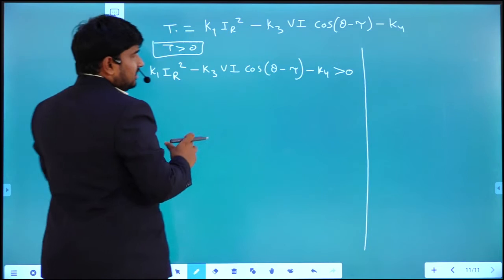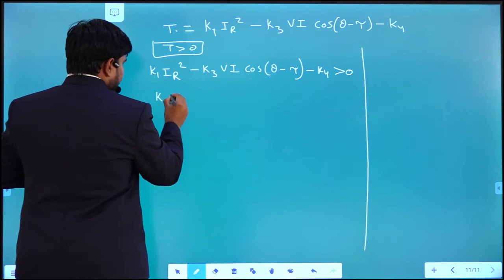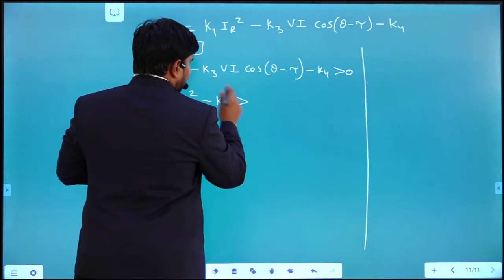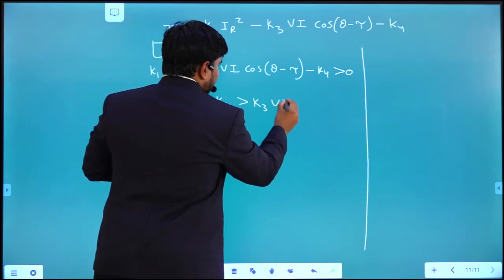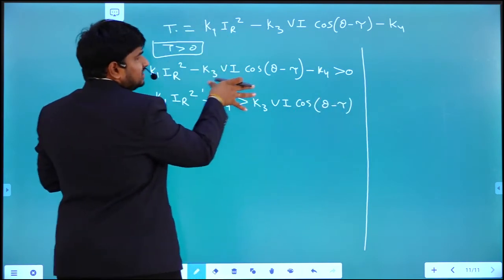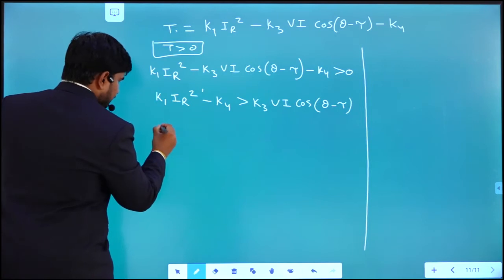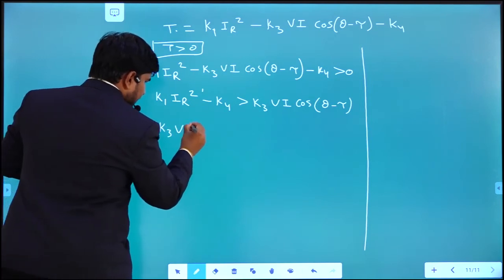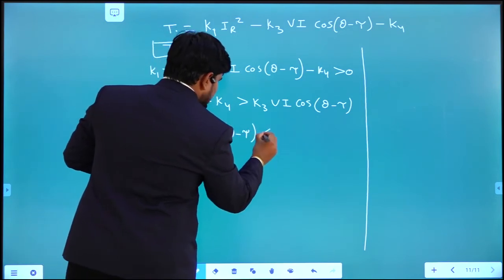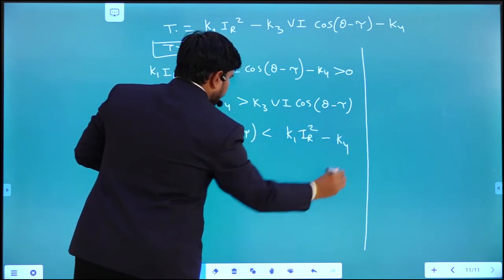Now by rearranging these parameters, K1 into IR square minus K4 is greater than K3 into VI cos of theta minus tau, right? I am just shifting this directional parameter to that side. I am rewriting this expression in reverse fashion, that is K3 VI cos of theta minus tau is less than K1 into IR square minus K4.